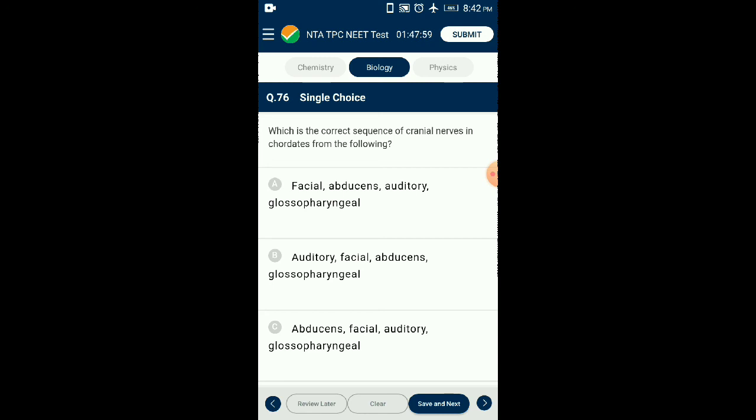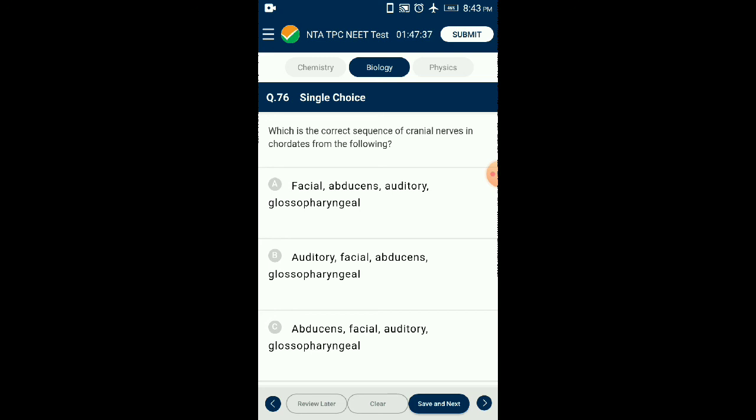The first is the olfactory nerve, second optic nerve, third oculomotor, fourth pathetic, fifth trigeminal, sixth abducens, seventh facial nerve, eighth auditory nerve, ninth glossopharyngeal nerve, tenth vagus nerve, eleventh spinal accessory nerve, twelfth hypoglossal nerve.